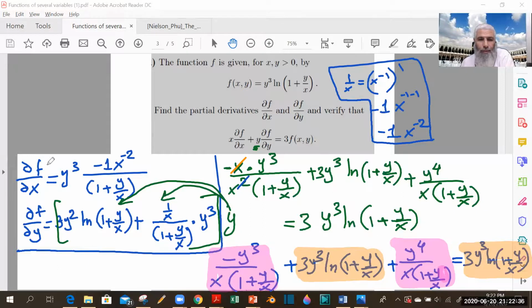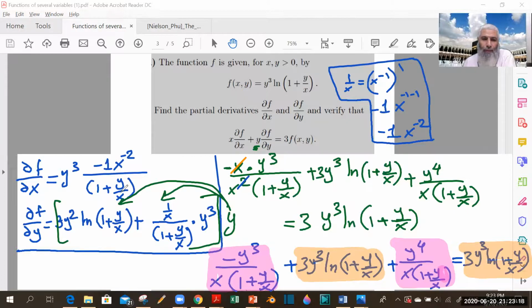This is df/dx, and when we take the derivative of this with respect to x, yes, I found what is wrong. I found it. You see here, the derivative of this with respect to x, y to the power 3 is just y to the power 3 because it is constant with respect to x, okay? The derivative of ln is 1 over the bracket, multiplied by the derivative of the inner part of the bracket.